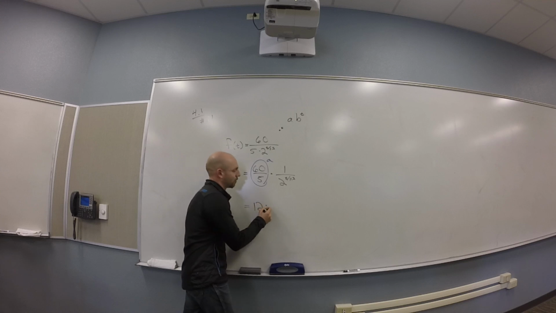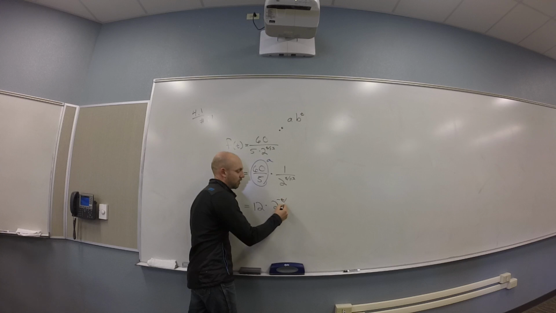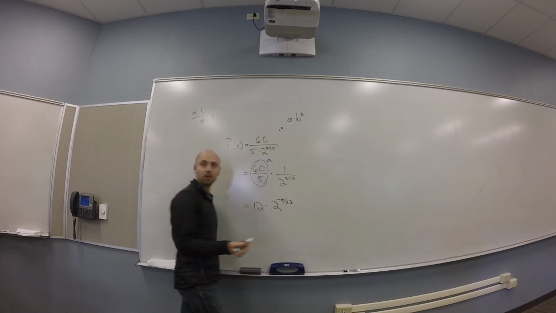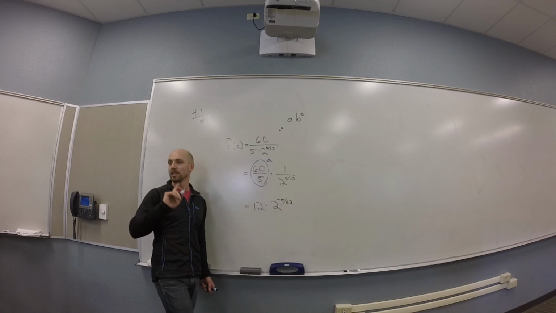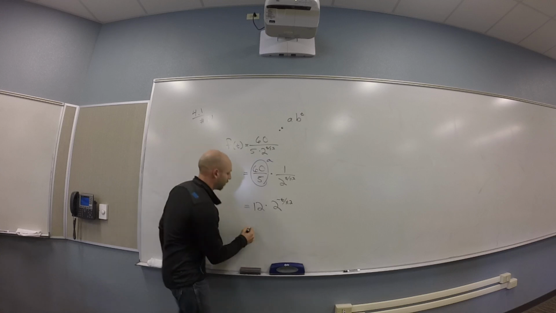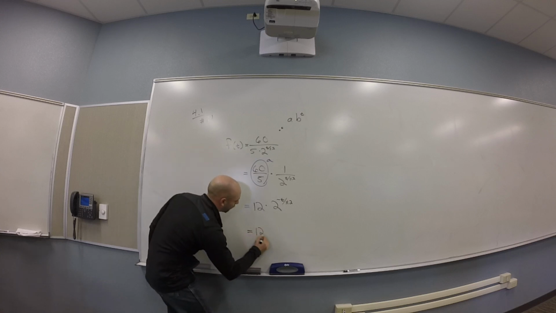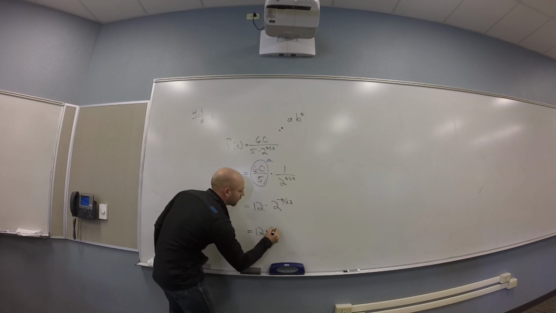So first things first, I'm going to rewrite this as 2 to the minus t over 11.2, right? And then I want the t outside. So I'm going to rewrite it as 12 times 2 to the minus 1 over 11.2, all to the t.